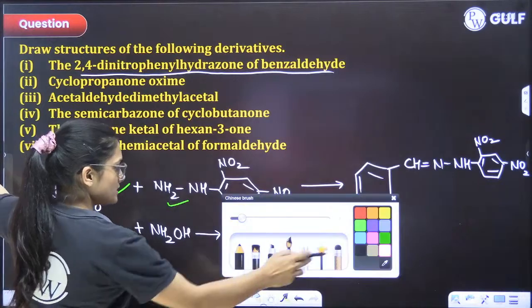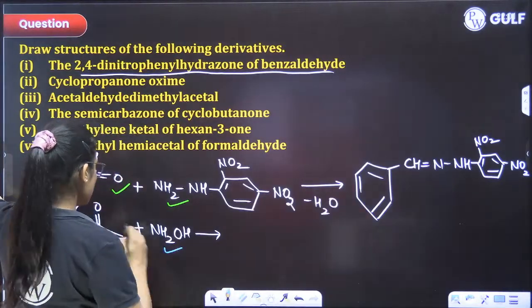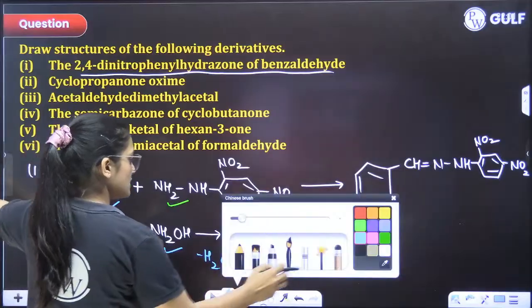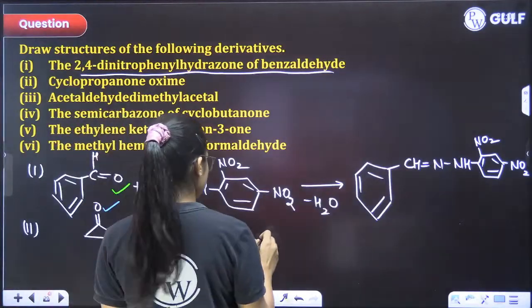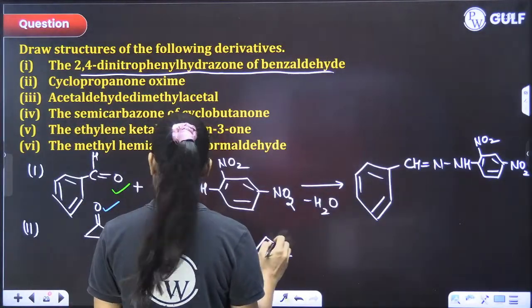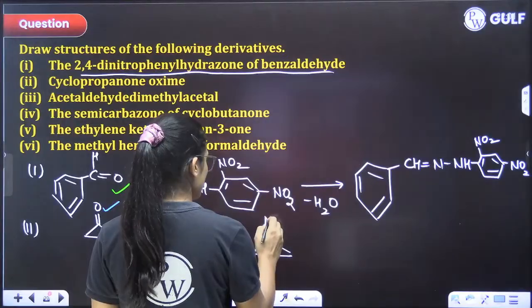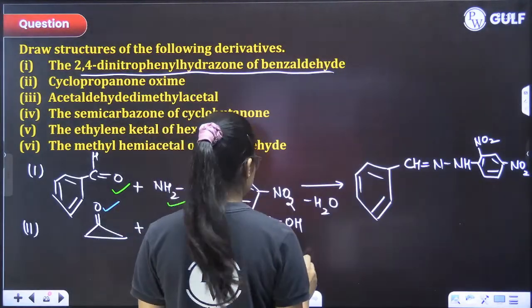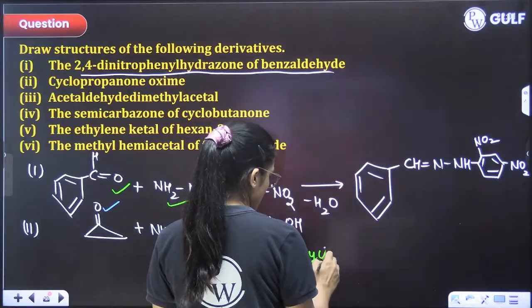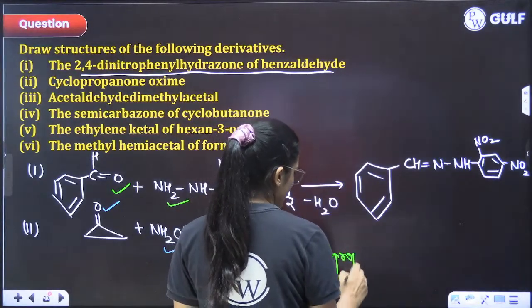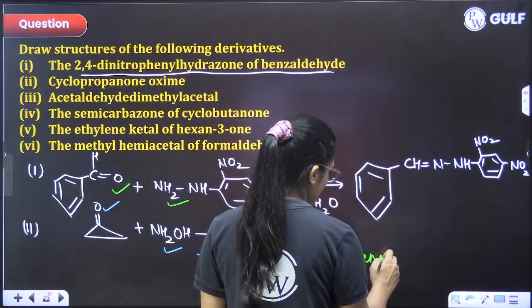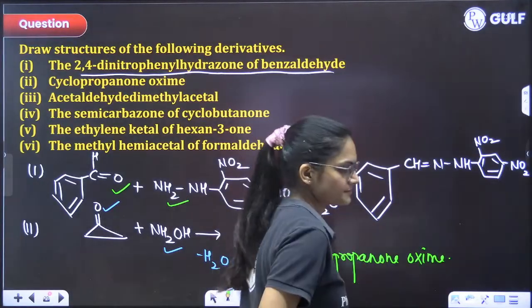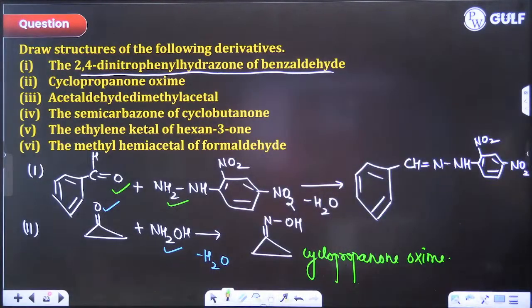So H2O will be removed, minus H2O, and you will get double bond NOH. This is cyclopropanone oxime. Okay? Clear, everybody?